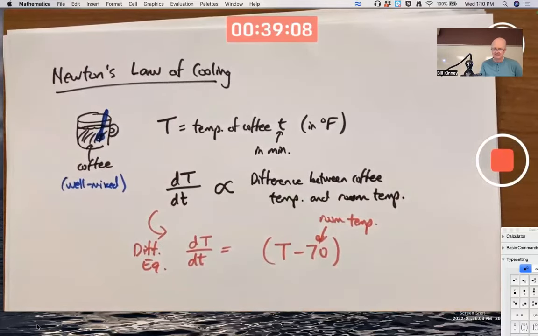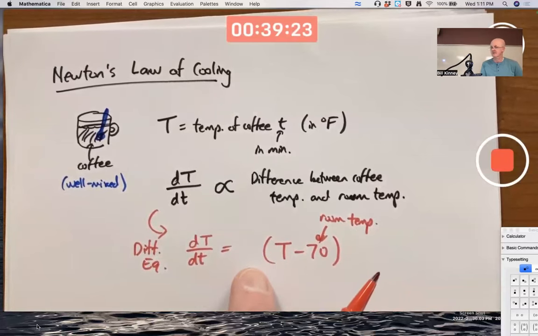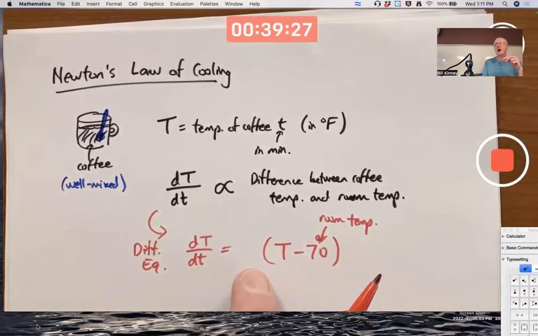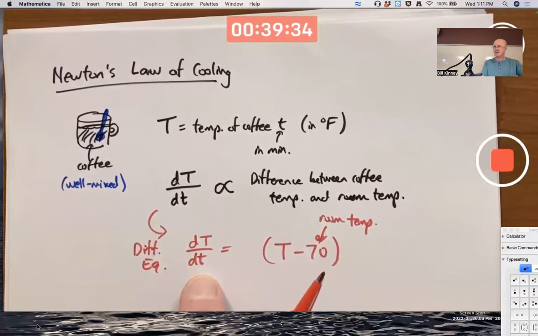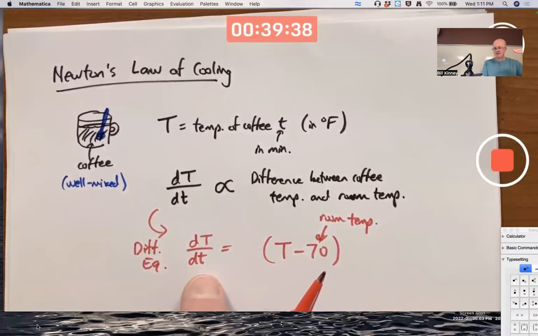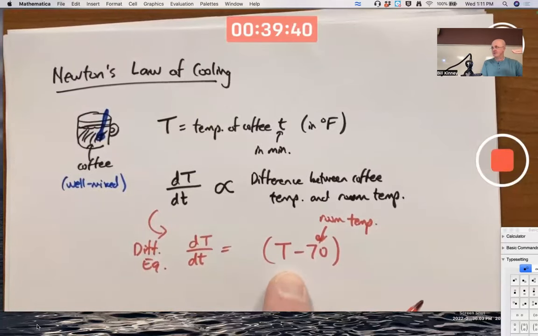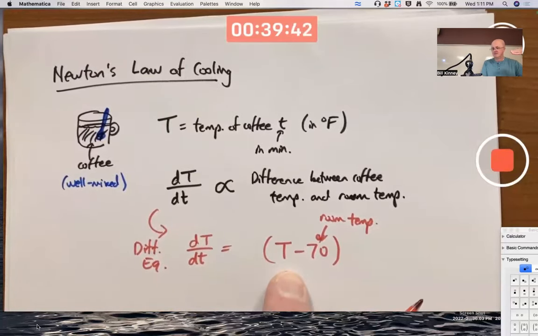You want to say, Michael? Yeah, we need a constant of proportionality, but that's what you were saying. We need something in front of here that's constant. If it's cooling coffee, dT/dt is going to be negative, right? Graph of the temperature is going to be decreasing. Slope is going to be negative. But T minus 70 is positive if it's cooling coffee. T is bigger than 70.